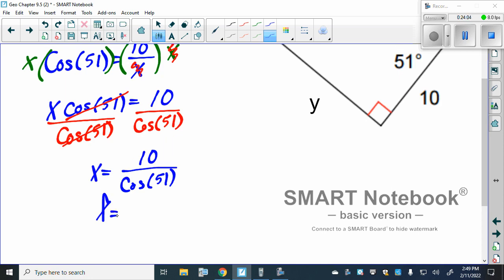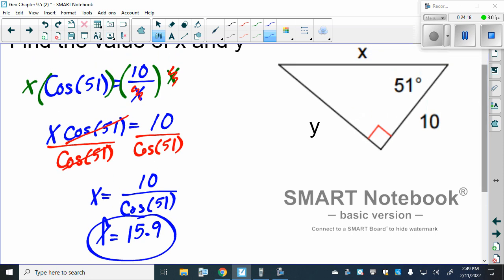which tells us 15.9. And that there would be the value of x. The hypotenuse is always going to be the biggest side in these triangles.